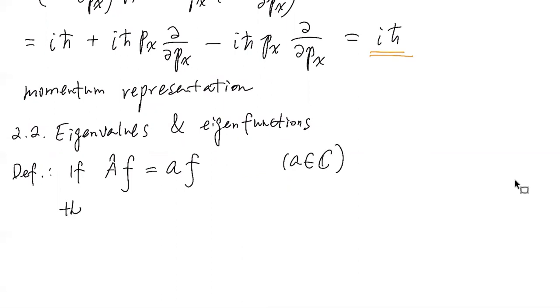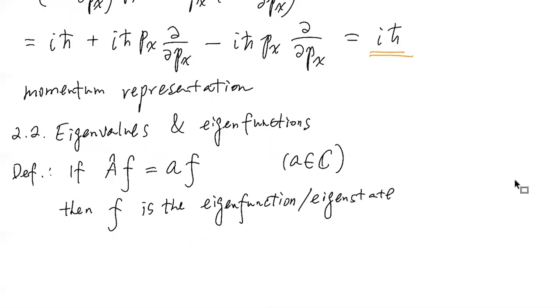Then we say the function f is the eigenfunction, or eigenstate, of the operator A. And this small a is called the eigenvalue.